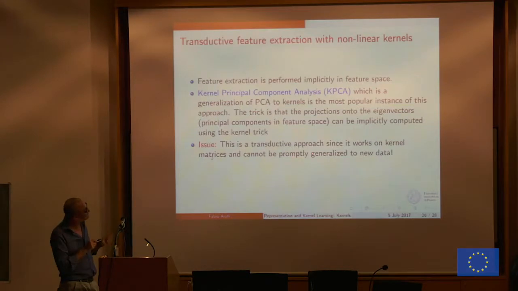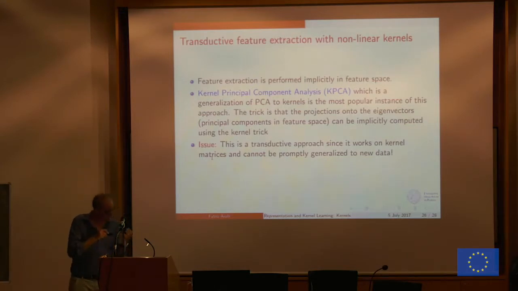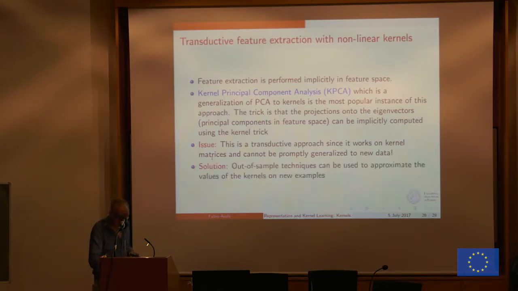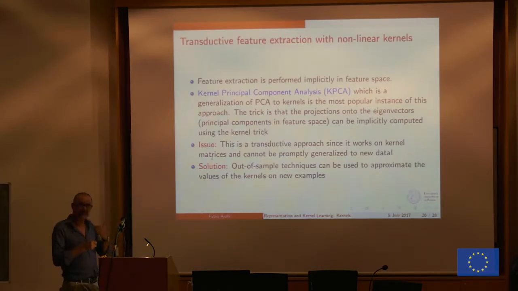It means that, since this method works on the kernel matrix and not on the kernel function, when you have new unseen data you cannot generalize, because you don't have the values of the kernel between this new data and the ones that we had in the training set.